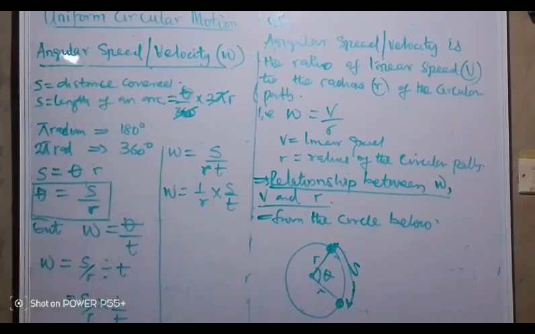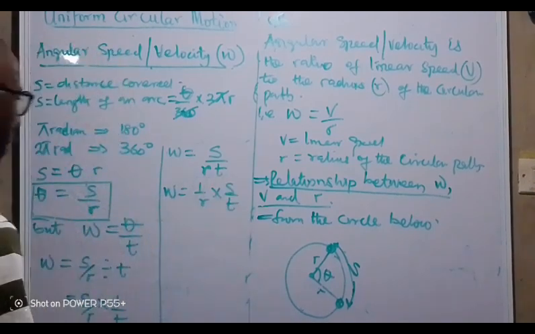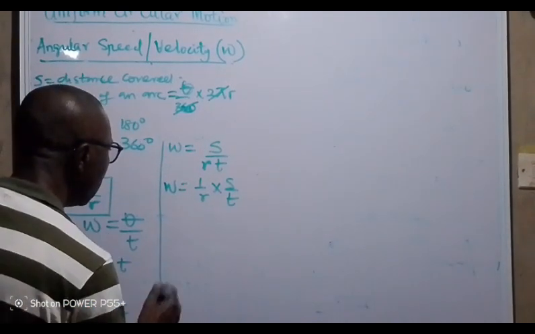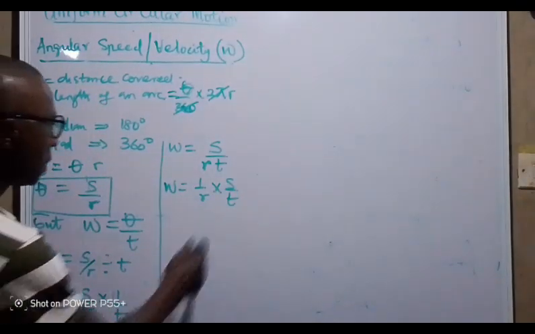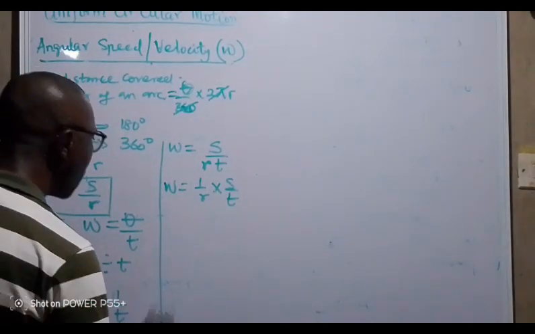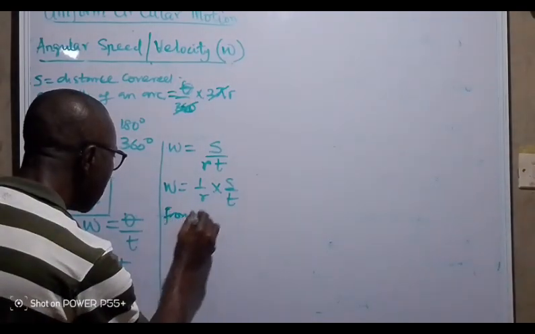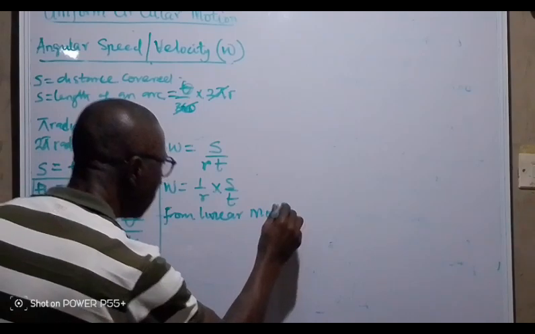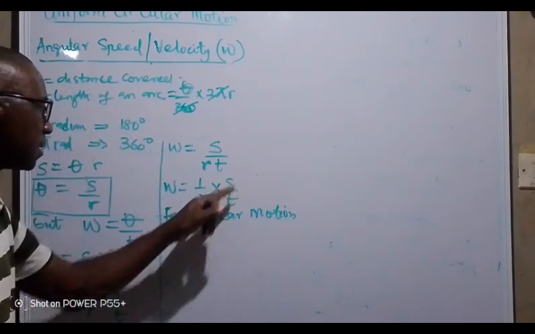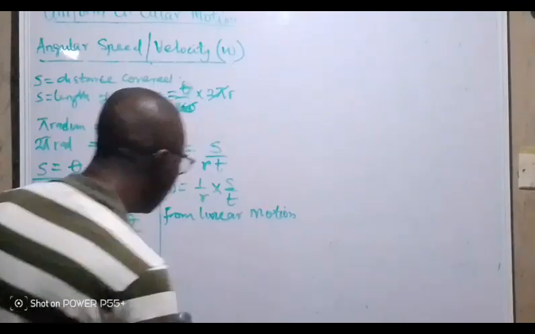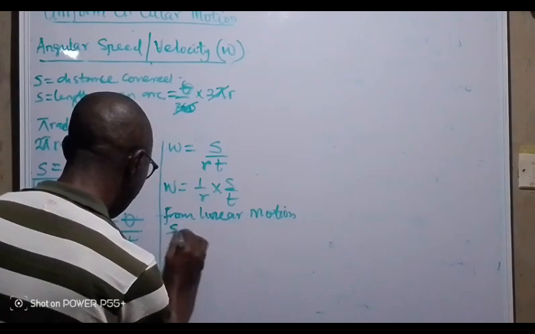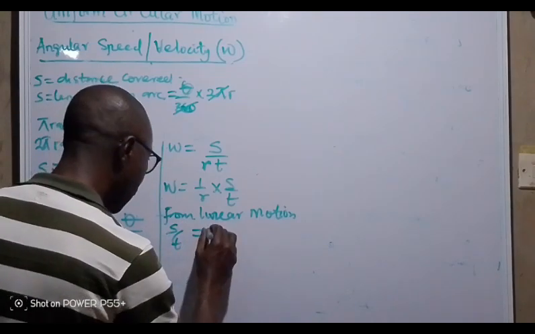Don't forget, our S is distance, our T is time taken. You can now say from linear motion, the quantity that has distance over time is S over T. S over T is equal to V. What is V?